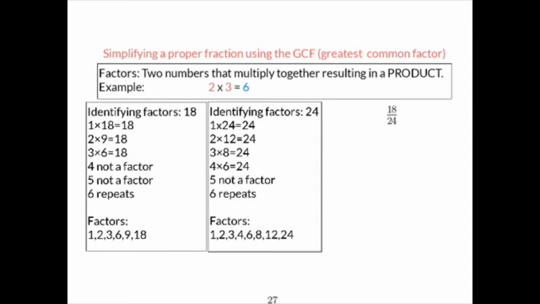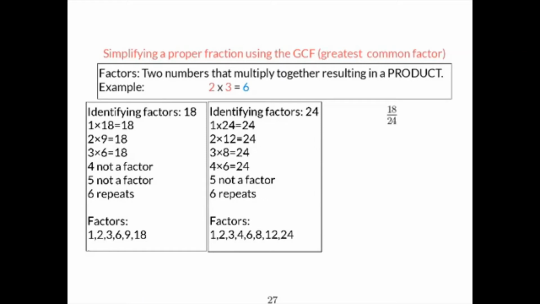Now this is going to help us reduce this proper fraction, smaller numerator, larger denominator, and we're going to do that by choosing the greatest common factor. So what we're looking for is the factor in the list that is in both lists, but is the greatest value.